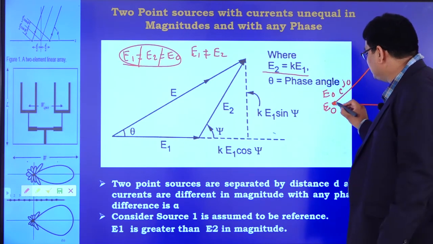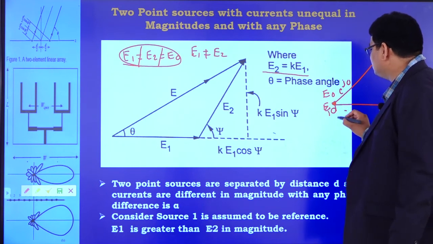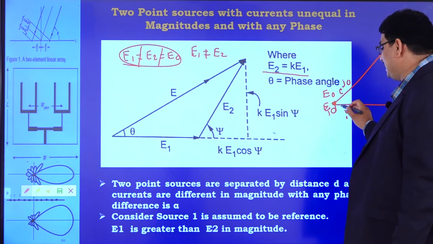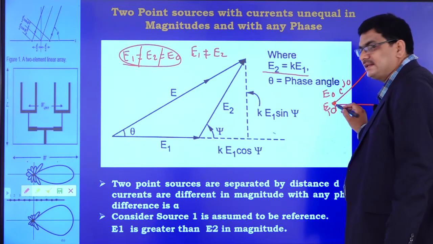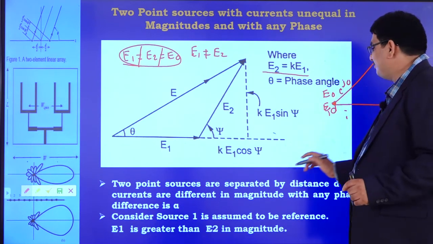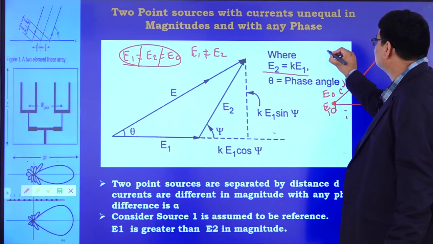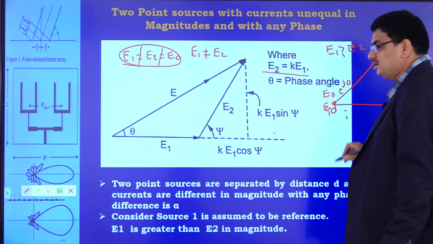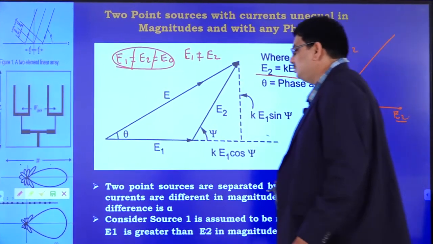So here we take the E1 point. E1 is the ideal antenna, assumed to be the reference antenna. At this reference point the phase is 0, and we also consider that E1 is greater than E2 in magnitude.